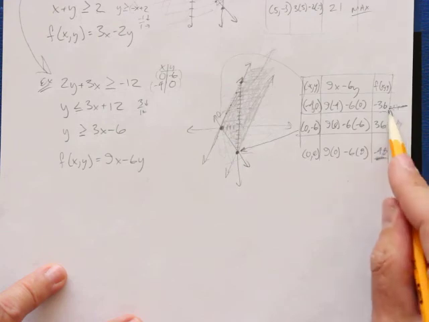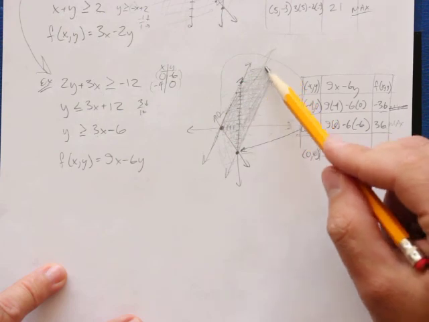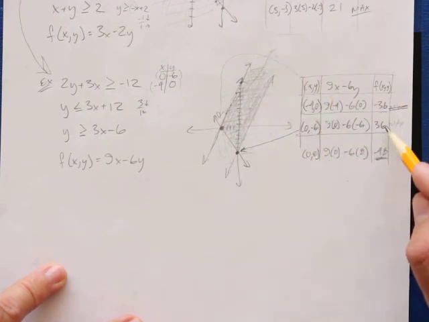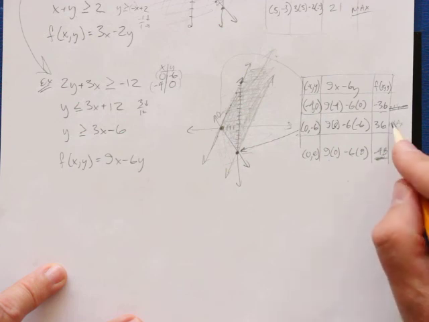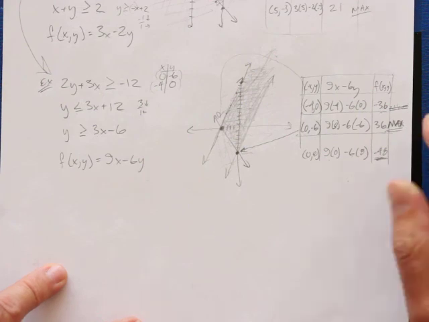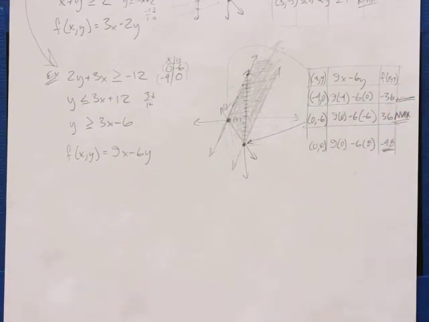Therefore, this cannot be the minimum because we have stuff that's less. So if I chose any number in here, it would still be less than 36. So that means 36 is the maximum. I realize that this might be super confusing, but we'll get through it. And that is it for 3-3. Good luck on the homework.